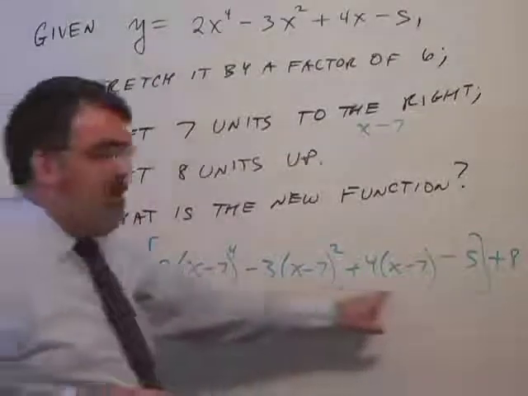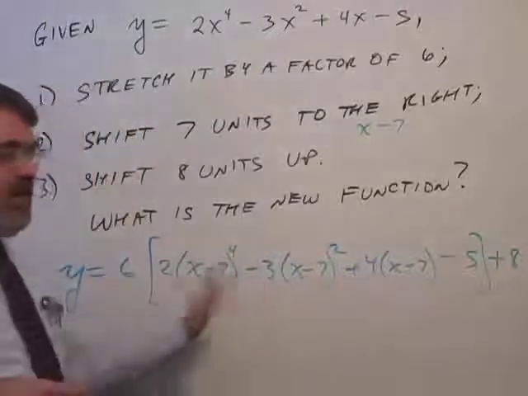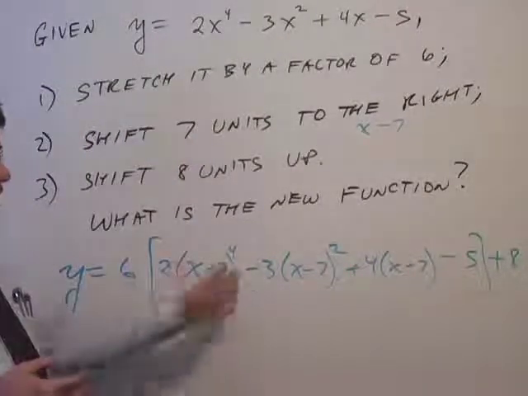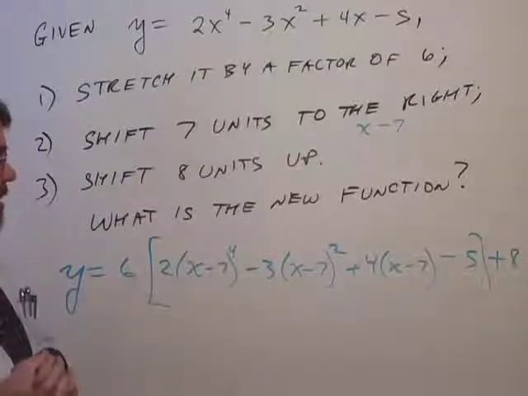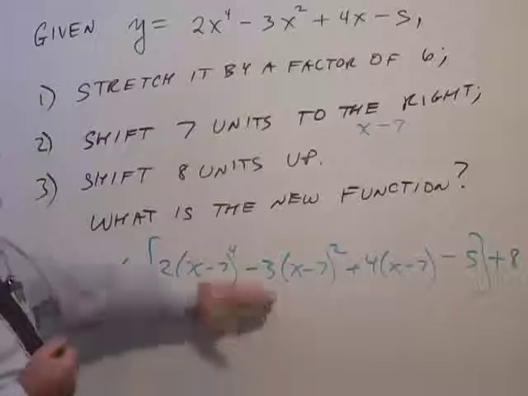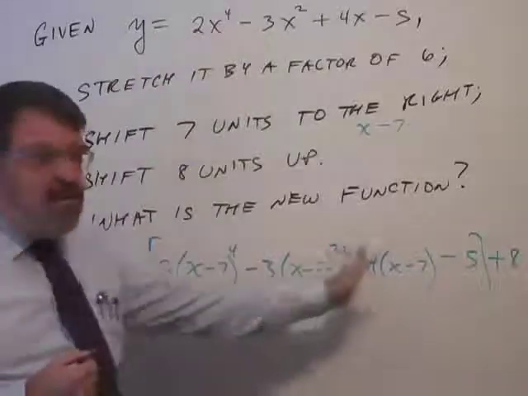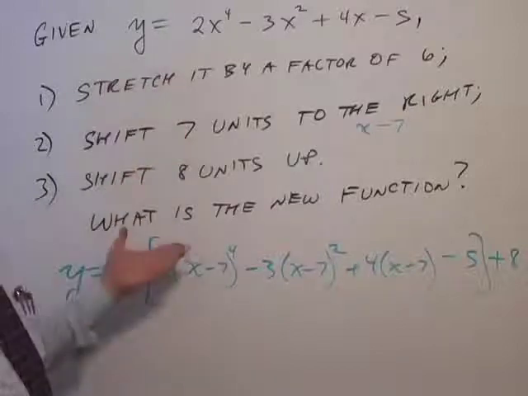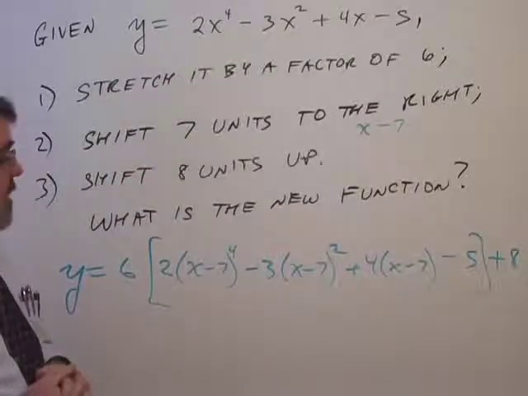It would be very unproductive to multiply this out. I haven't mentioned this, but when you make these transformations, I would not simplify it. Because in this transformed form, if we were comparing this function to that function, we'd be able to look at this and tell what's happening by thinking in terms of transformations.